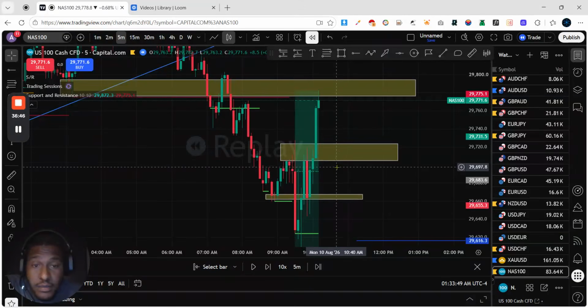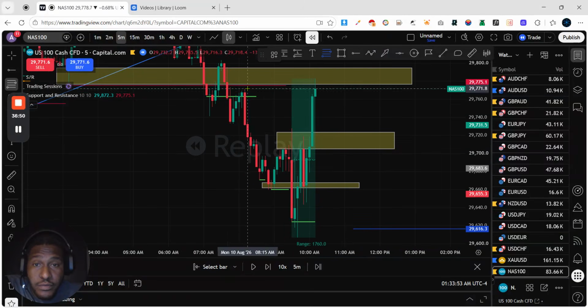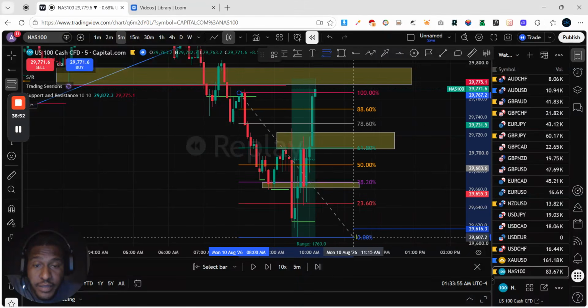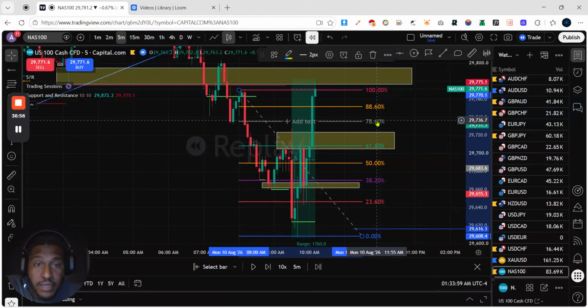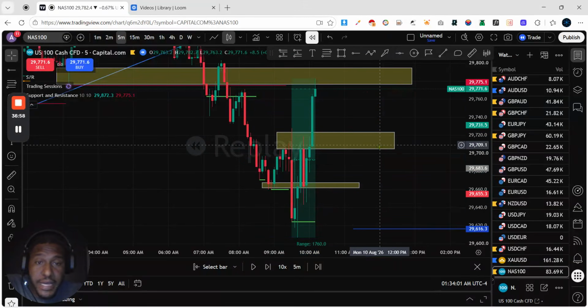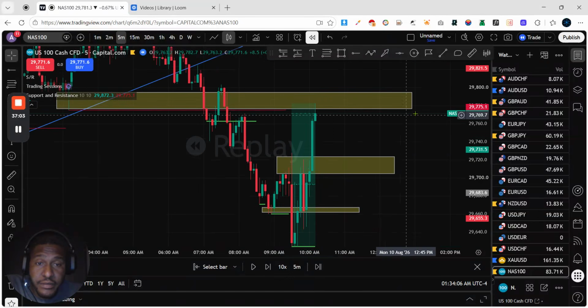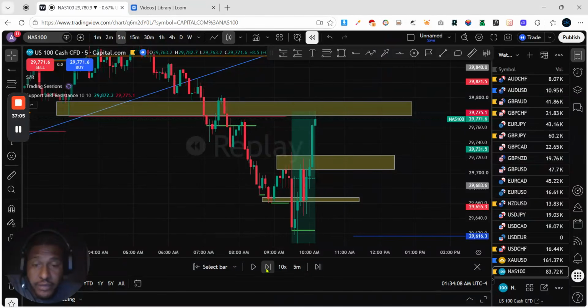This is definitely a reversal because the fib goes from here to here. Okay. We buying. I would like for price to return here. Bounce off support.